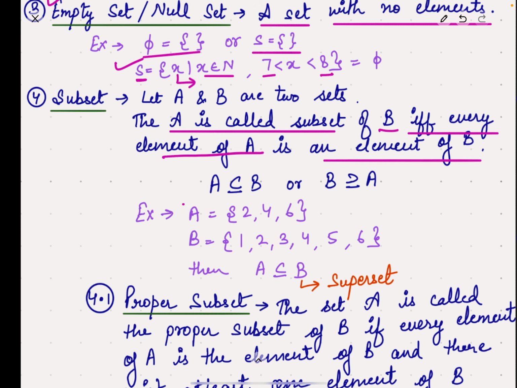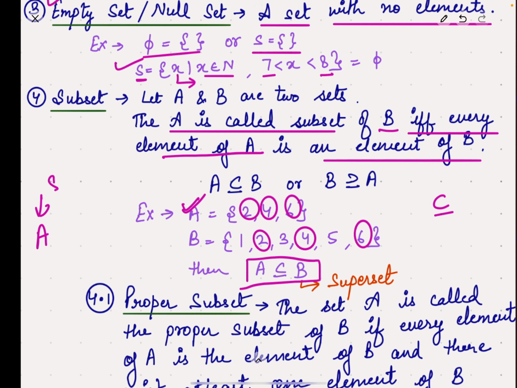Here set A contains elements 2, 4 and 6, and in set B all these elements are present: 2, 4 and 6. So we can say A is a subset of B. This is the sign for subset. Also, A is the subset here and B is the superset.